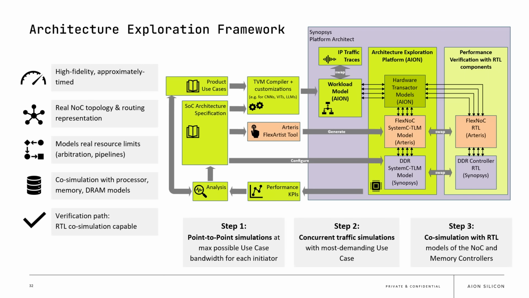And then you've got the workload model, which is the output of the TVM compiler. So these are your candidate schedules, which are imported into Platform Architect. And then you run your simulations. From your simulations, you have your performance KPIs. You perform analysis on these KPIs and feed back any adjustments, if necessary, to your SoC architecture specification.